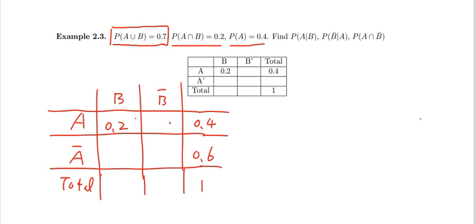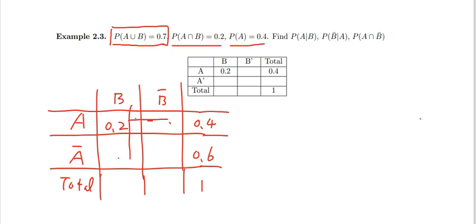So for A we have these two cells. A or B: this line is for A, this line is for B. So for A or B we have these 3 cells.